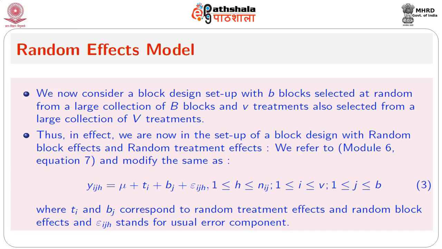Now we consider a block design setup with small b blocks selected at random from a large collection of capital B blocks, and also small v treatments selected at random from a large collection of capital V treatments.